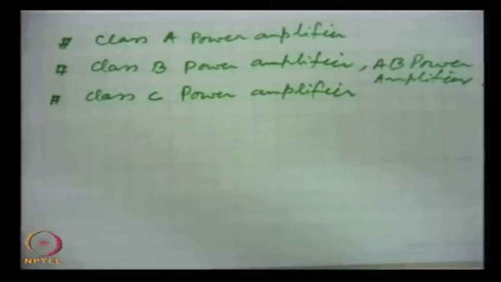Now, what is class A power amplifier? In class A power amplifier, we bias the device, the transistor, in such a way that the conduction, that means the output current, the collector current, flows for the whole input cycle. We choose the operating point such that the output current flows for all the 360 degrees angle, and that is written as conduction angle.